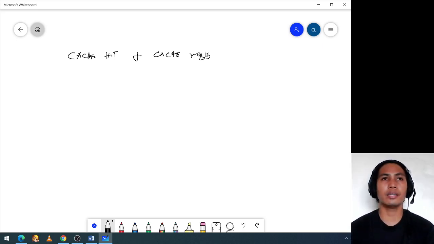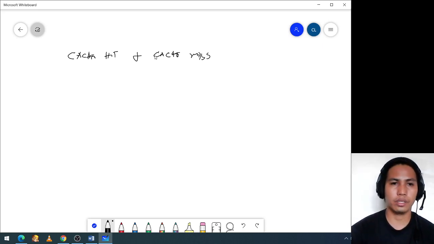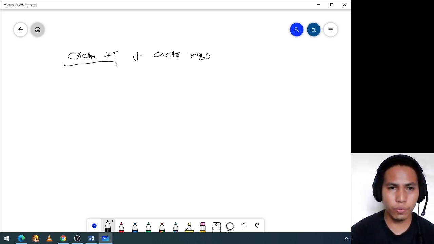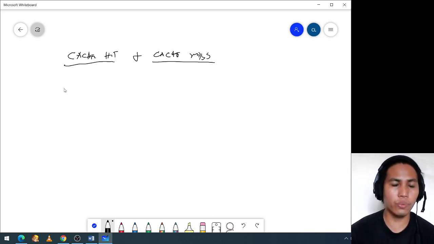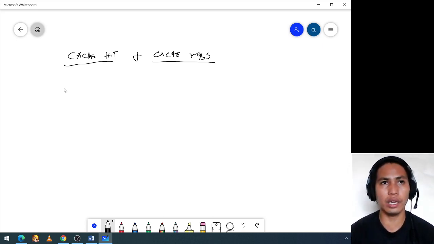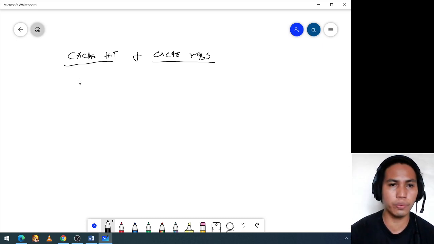So, we have these two terms po natin. When we say cache hit, take note, if the CPU requests an information and searches the cache, then the data is located in our cache.